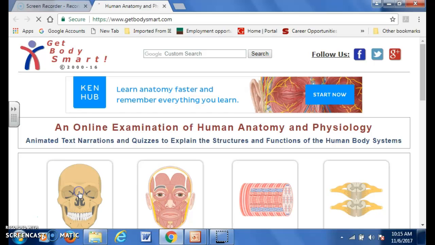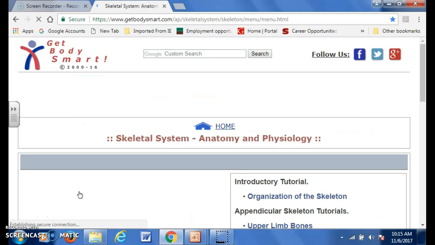You take the skull, and then as you go through, you can scroll over top of different bones within the body.